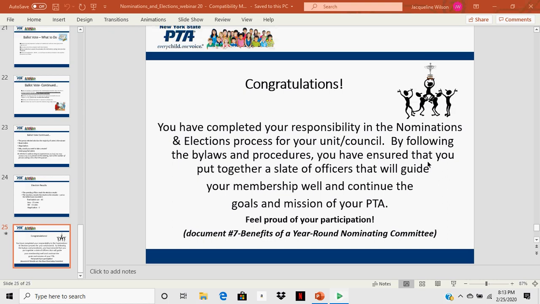If a person has already served 2 years and we have no one for that position, can they serve a 3rd year? No, the bylaws do say that if they have served 2 years in that position, then it becomes a vacancy, which then gets filled in accordance with the bylaws.